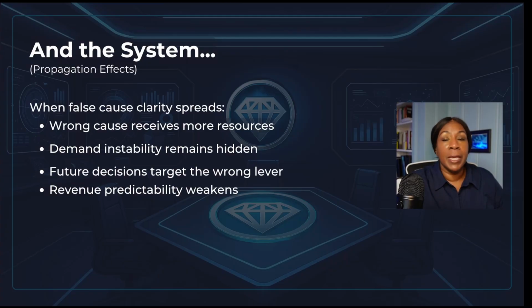But demand instability remains hidden because you felt like you had the right answer and didn't fix the core, the root issue, then that instability remained. So even though you increased the prices, you never dealt with the demand, and so then you have this issue. So future decisions target the wrong lever in this case, because the decisions are around pricing when really demand instability is still weakening.